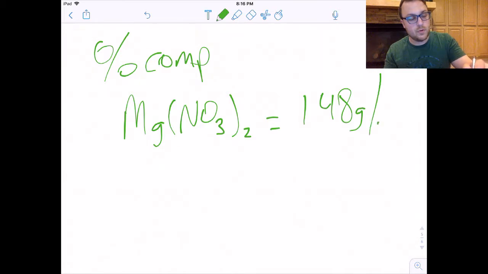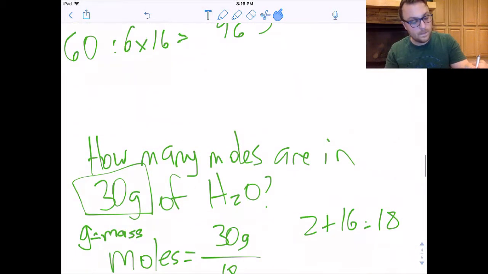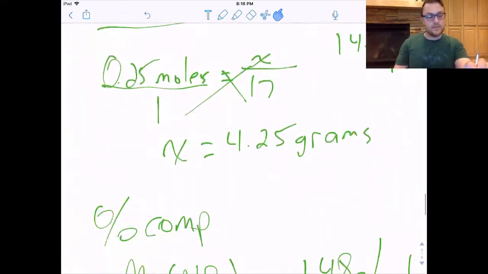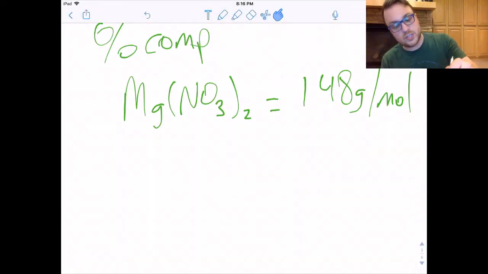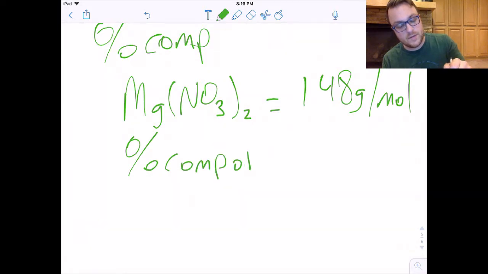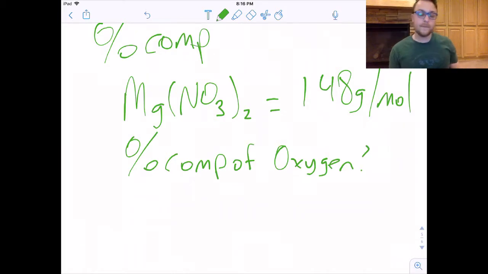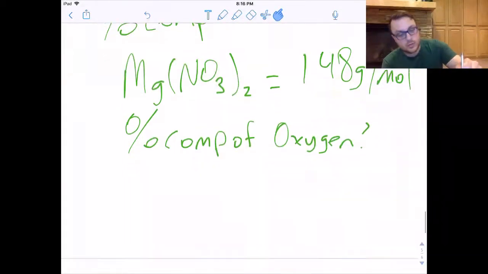So, what if the question was, what is the percent composition of oxygen in this formula? So, you need to do part over whole times 100. Don't forget that. If you don't multiply it by 100, it's not a percent. You're wrong.